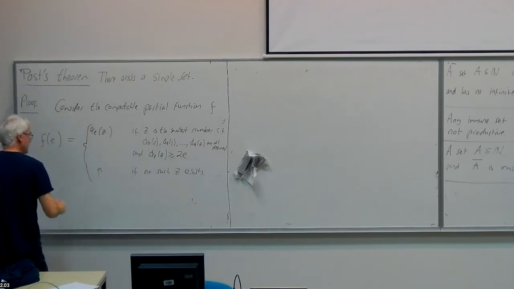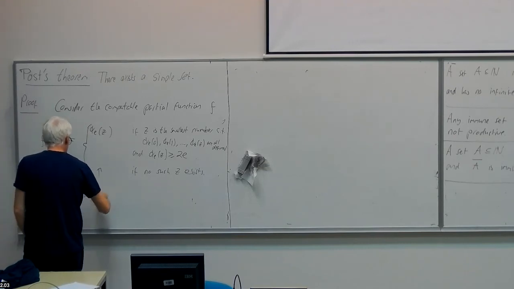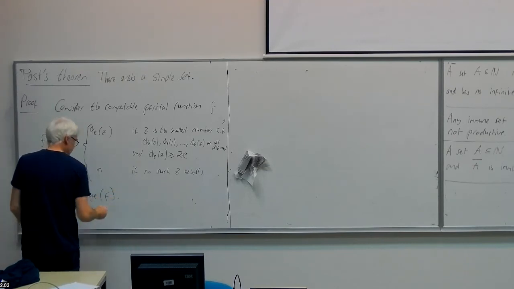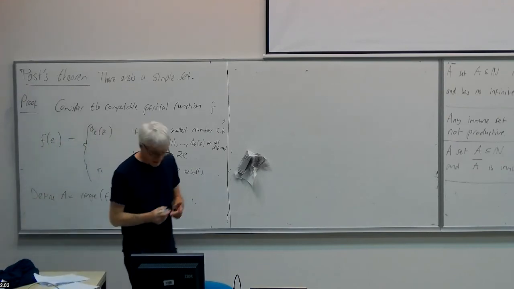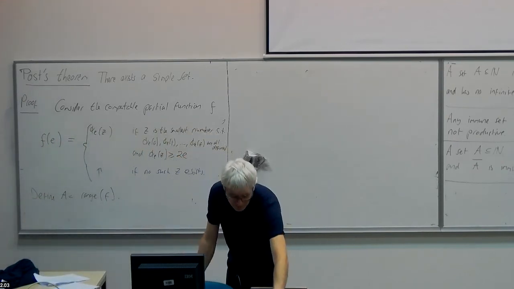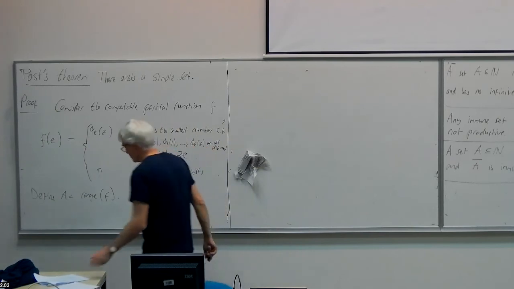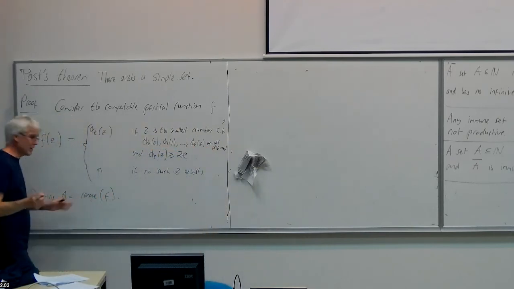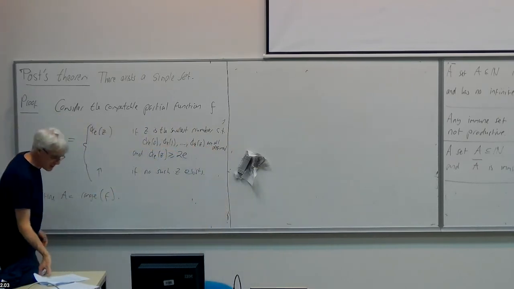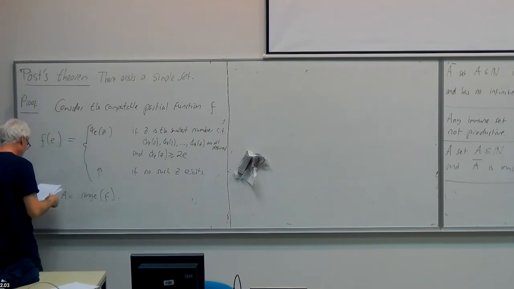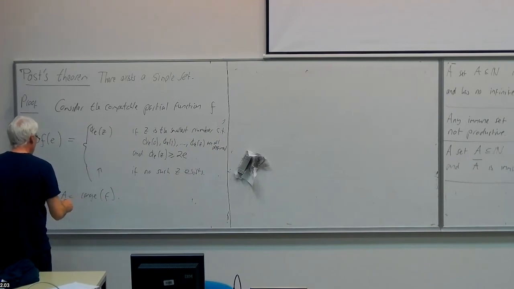And we define A to be the range, the image, of F. I always seem to switch between range and image, but it's the same thing. So A is the range of that function, which is computable.